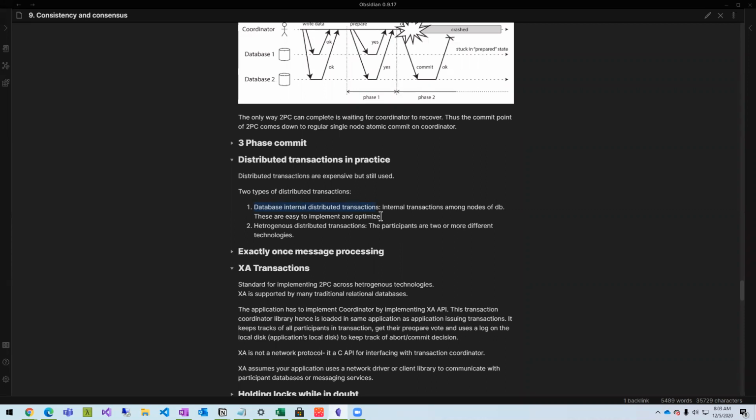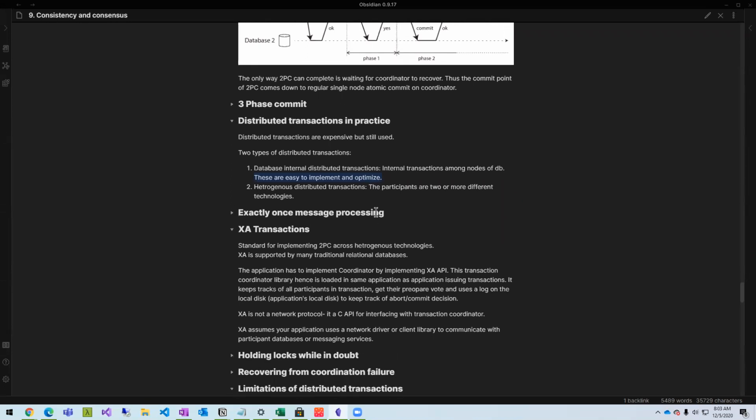These are easy to implement and optimize, and the database vendor would have done something to optimize these distributed transactions. Another scenario is heterogeneous distributed transaction, when the participants are from two different technologies. That is called heterogeneous.